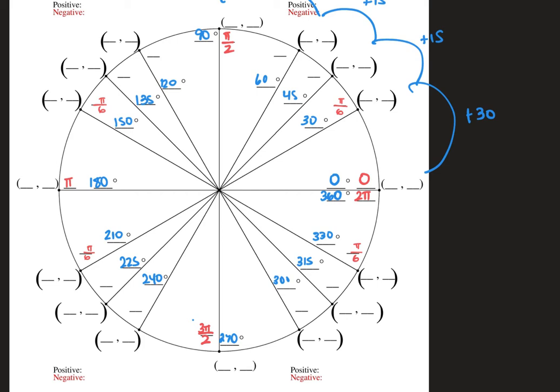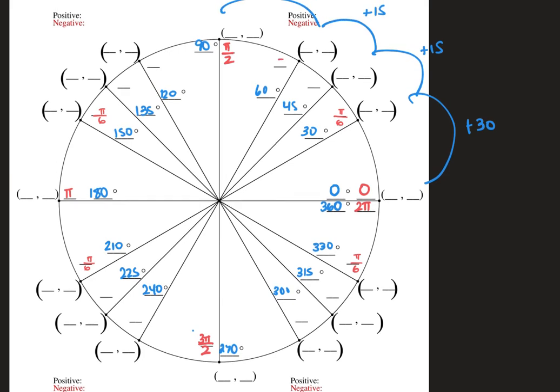All the ones closest to the y-axis are over 3. So pi over 3, pi over 3, pi over 3, pi over 3. Again, first quadrant, that would be your 60-degree angle. And then the ones in between are over 4s.